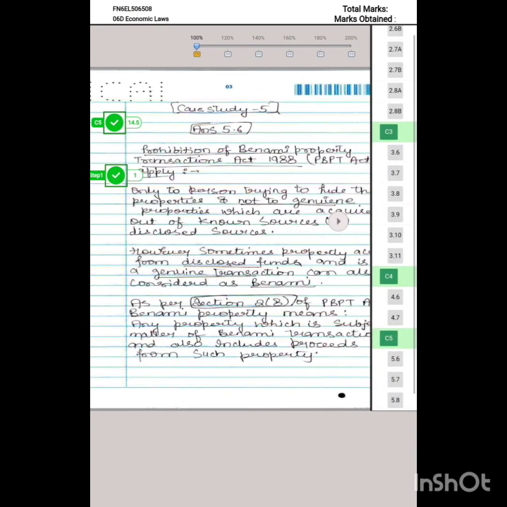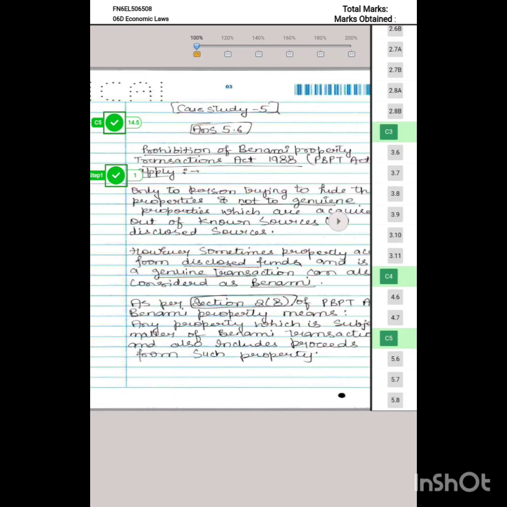One more important thing in paper 60 is you have to give more content in your answer, because for 5 marks you cannot write 5 or 6 lines and expect to get 5 marks. You have to write more. You have to write minimum 4 to 5 pages, and relevant content you have to write.